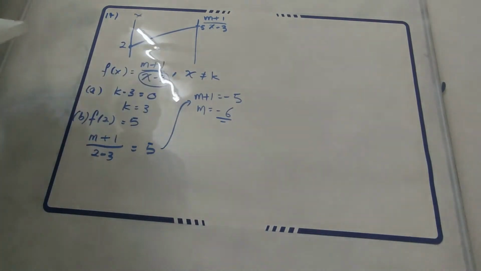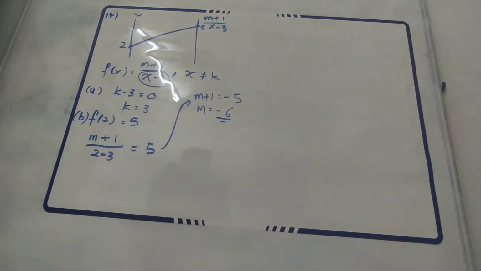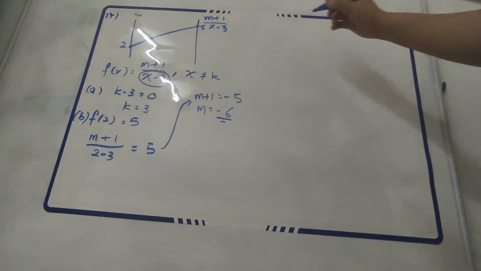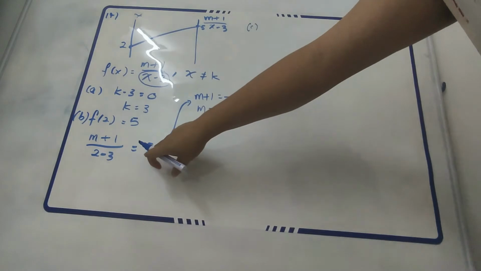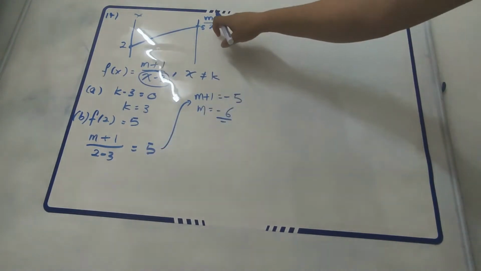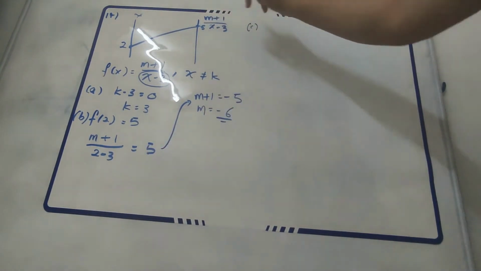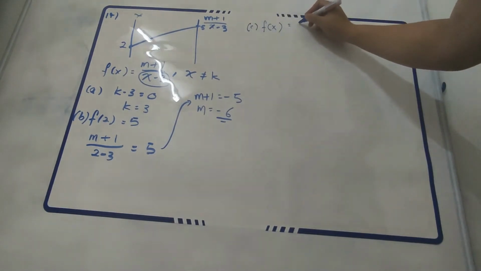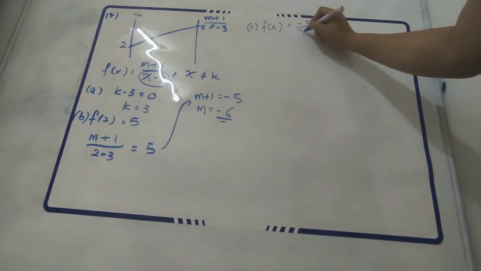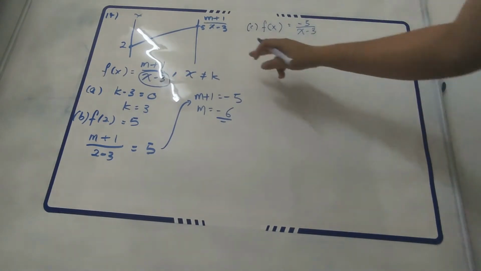Now we come to part C. For the last part of the question, since you found m is minus 6, you substitute it into this function f. So your f(x) is minus 5 over (x minus 3).